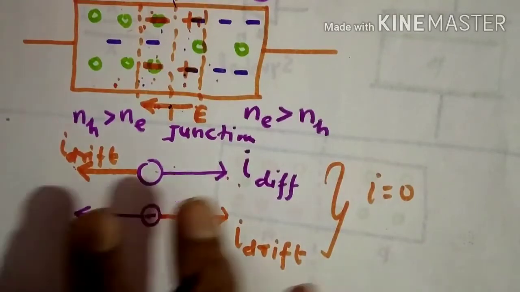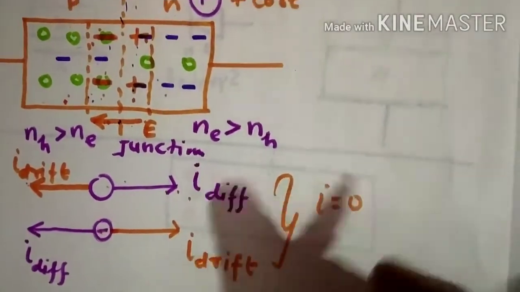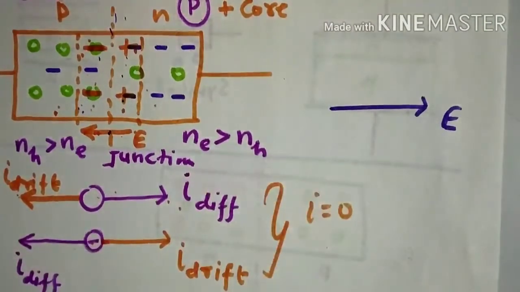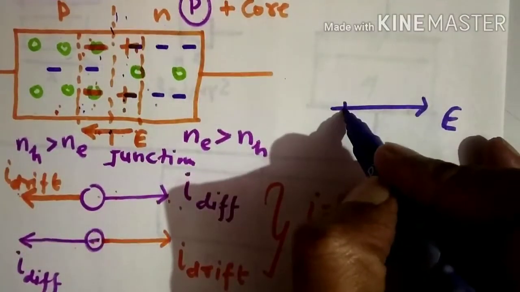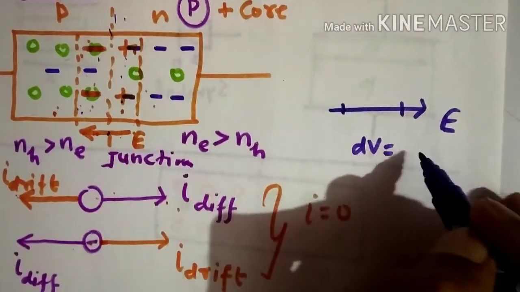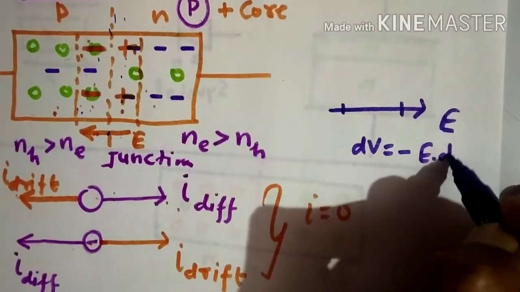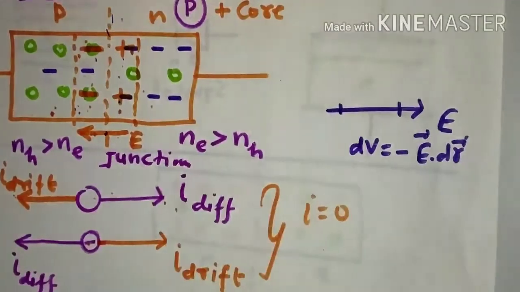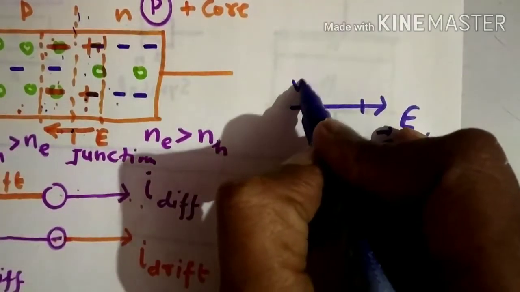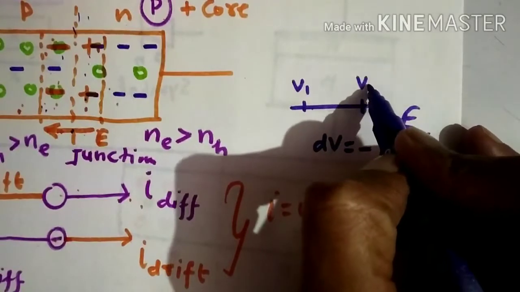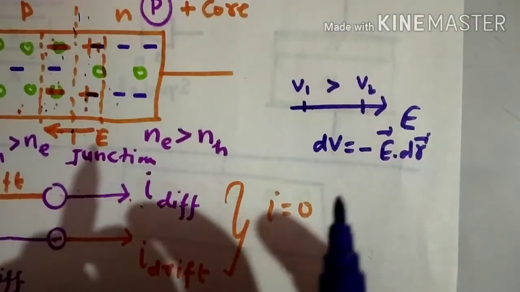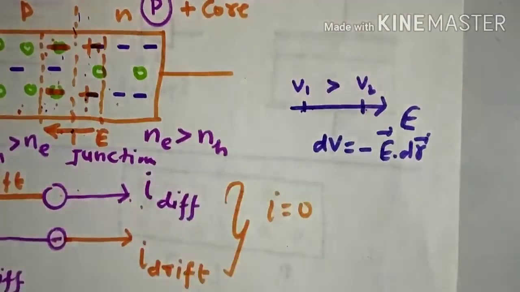Okay. Now we have studied in the second chapter, just to recall, the relation dV equals minus E dot dr. This relation says that in the direction of the electric field, potential decreases. Means if there is a potential V1 here and a potential V2 there, V1 will be greater than V2, so overall there is a potential difference.